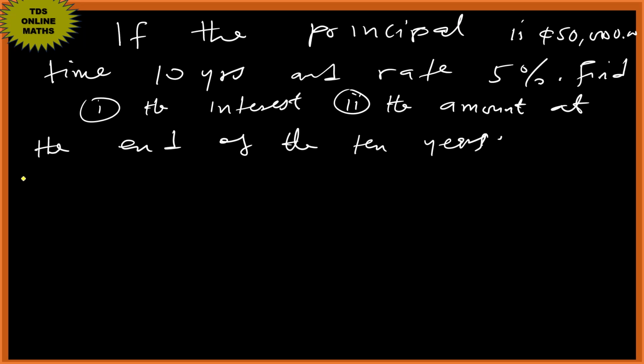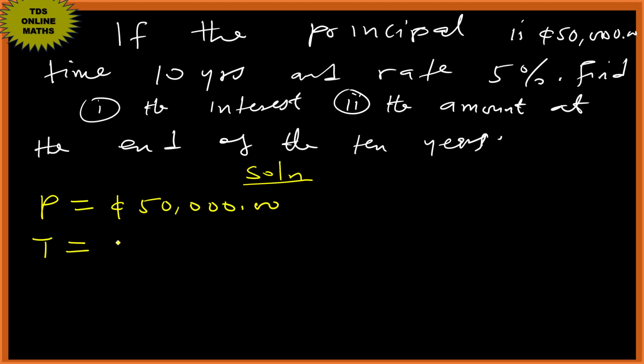This one is very simple. Let's define our terms. My P is 50,000, the time duration is 10 years, and the rate is 5%.